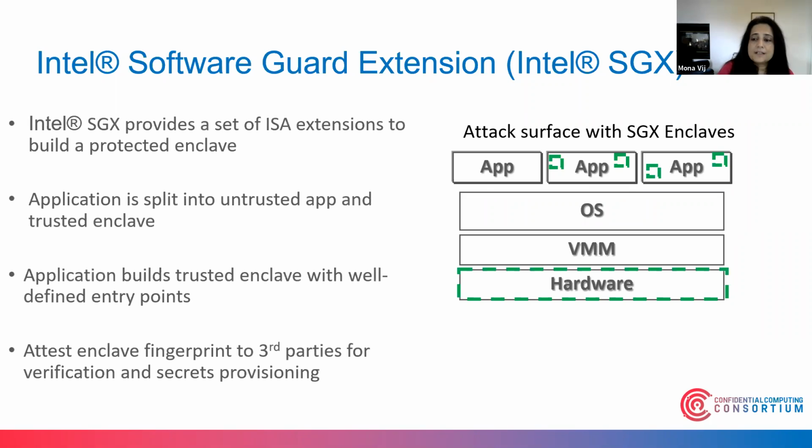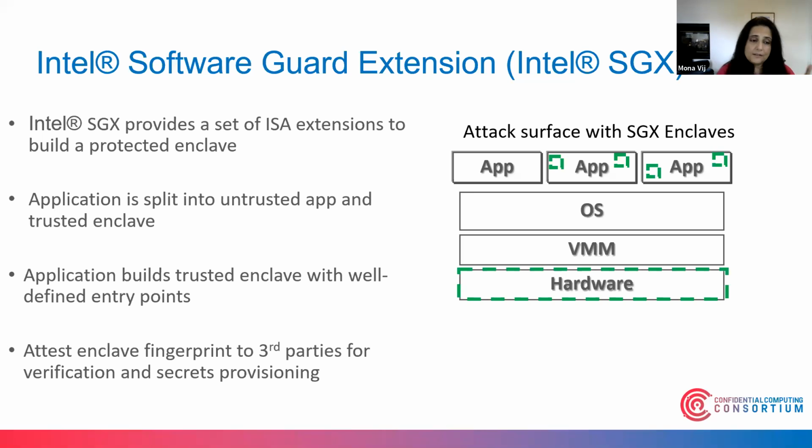SGX is implemented as a set of ISA extensions, and a typical programming model for SGX splits the application into an untrusted component and a trusted enclave. After this split, hardware will ensure that neither the untrusted part of the application nor the system software can access anything that's running inside the TEE.